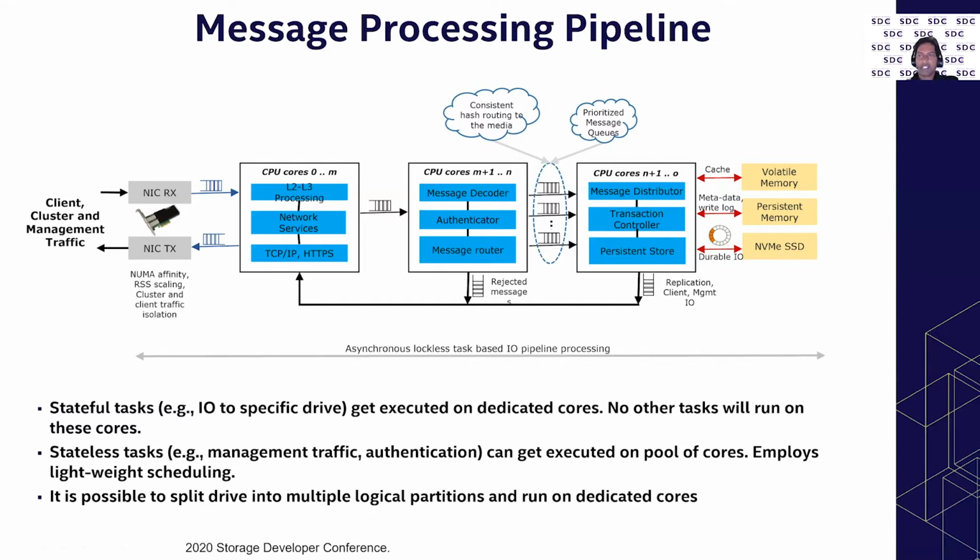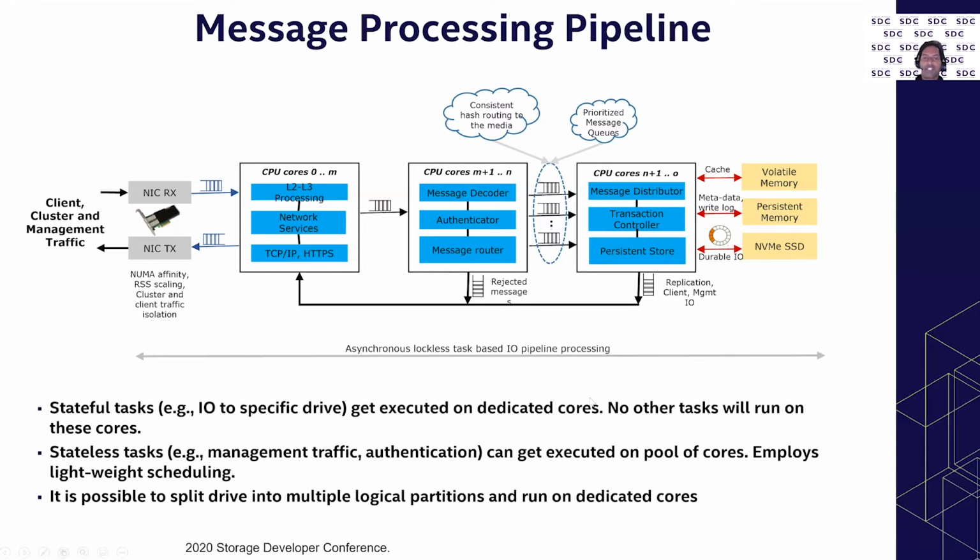Or if it is reads, it may be sitting in DRAM. So the goal of the message decoding, routing, and the message router is to look at the type of messages and distribute them to the right cores that are responsible for processing those messages.